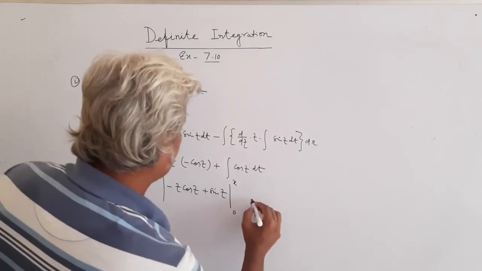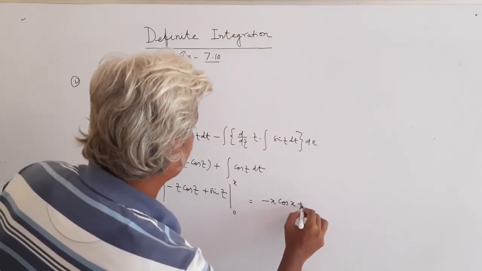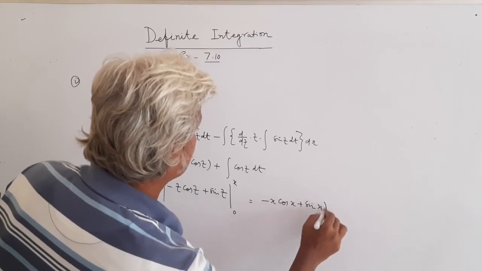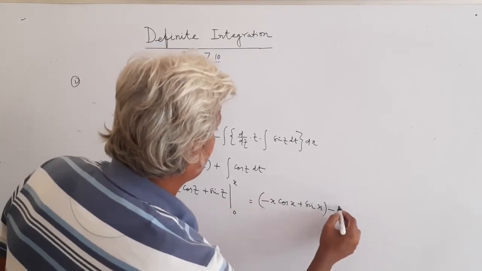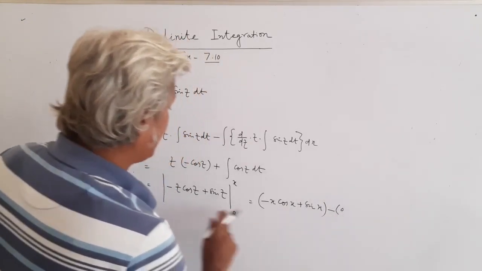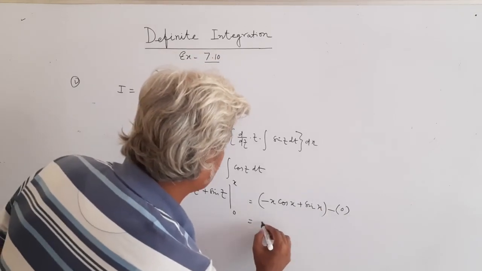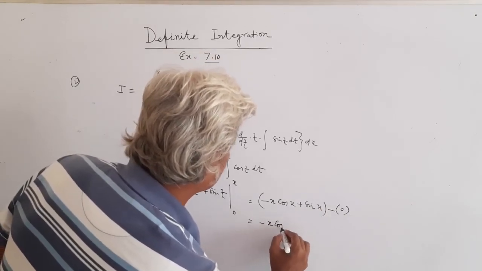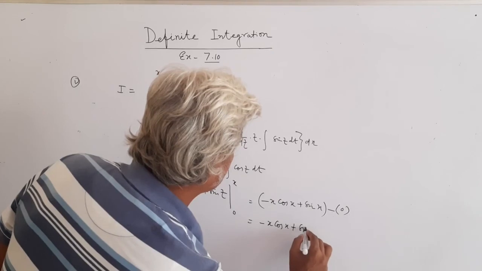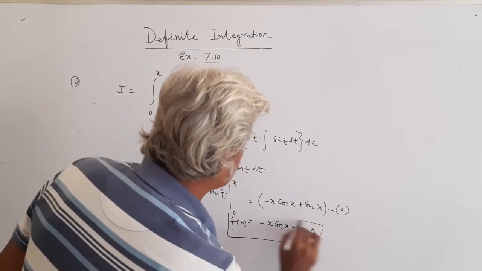So what you'll get is minus x cos x plus sine x, and then when you put 0, the 0 into that is 0, and sine 0 is also 0, so everything is 0. So your function is minus x cos x plus sin x, f(x), and this is done.